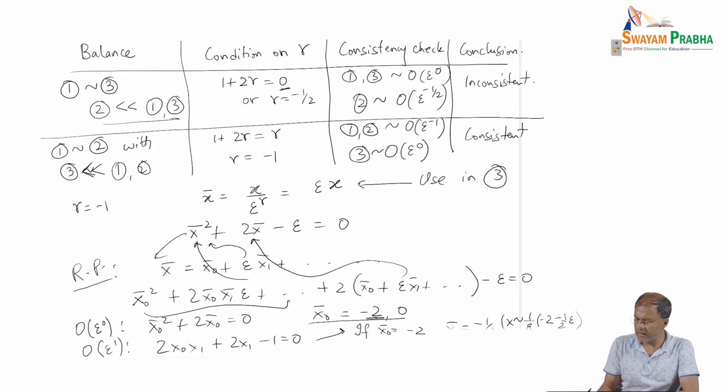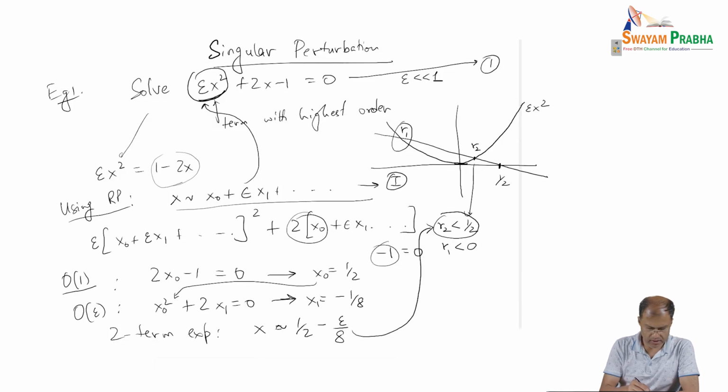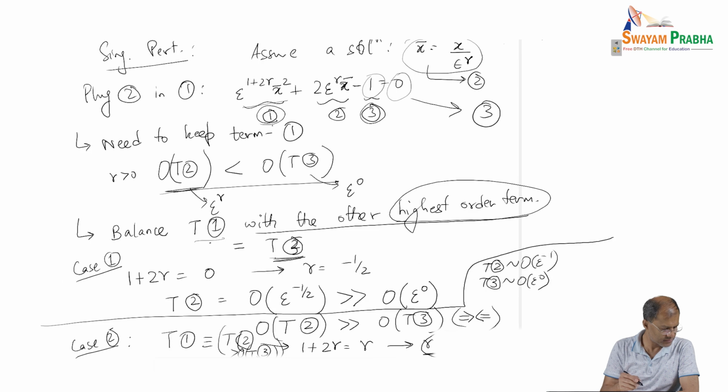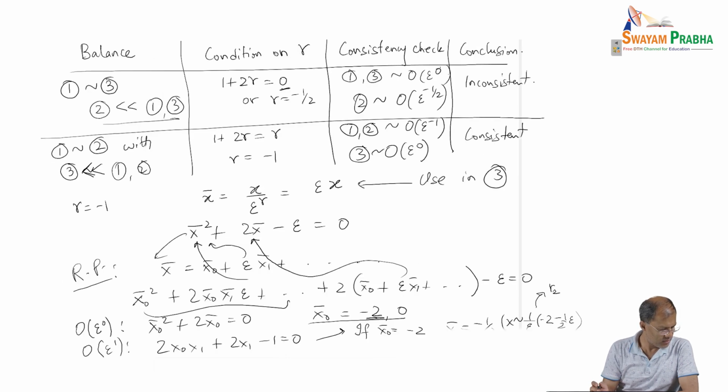Now if we multiply this by 1 over epsilon, we will see that the solution, this is our root R1, which is going to negative infinity. This is the root we were searching for, the first root.